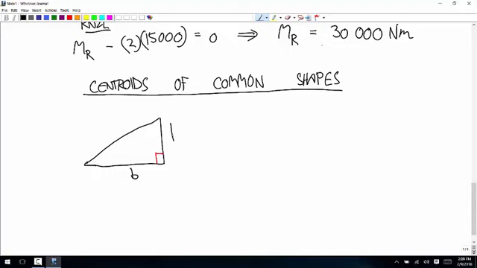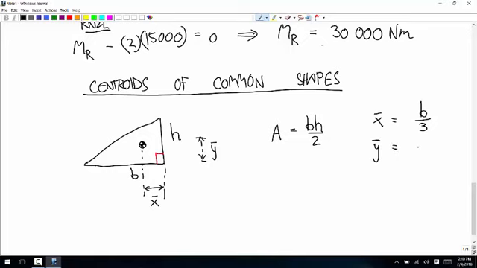This is the base, this is the height. And the area is base times height over 2. I'll call this distance x bar, this distance y bar. x bar is equal to b over 3, and y bar is equal to h over 3.